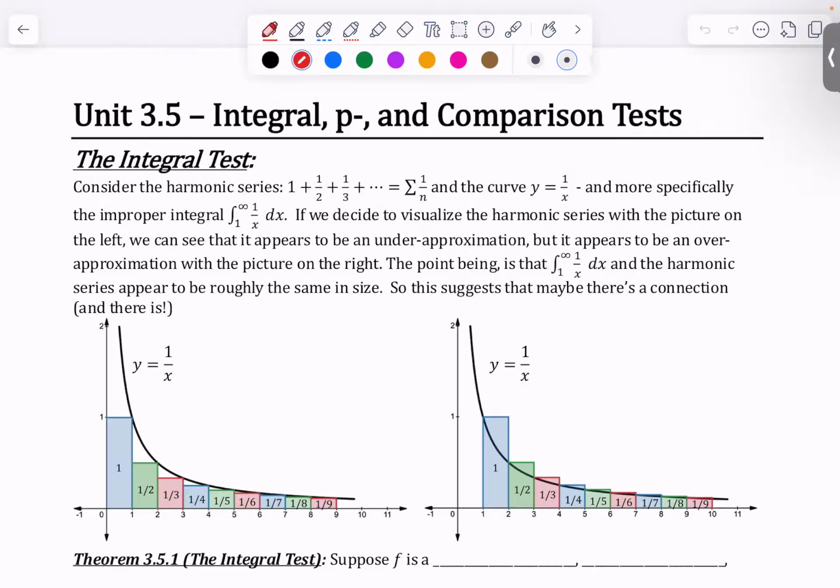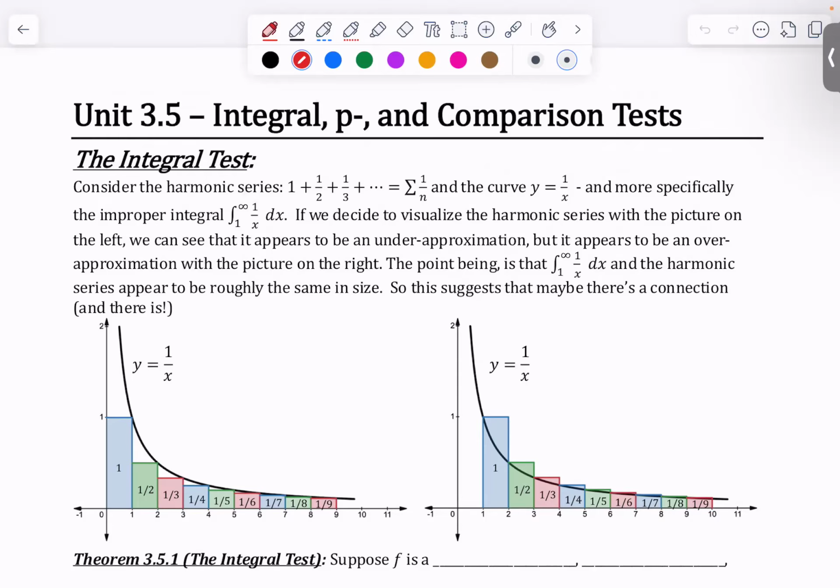That is the sum from n equals 1 to infinity of 1 over n, and it is called the harmonic series. The reason for that, in case you're curious, has to do with music theory: cutting the string in half produces a new sound, cutting the string into a third creates a new sound, and so on. That's where it comes from, actually.